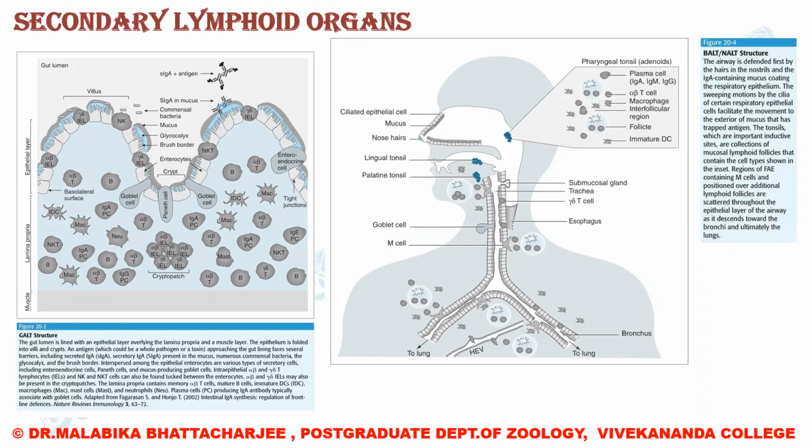For activation of the B lymphocytes, if it's a weak signal, the cytokines involved are IL-4, IL-5 and IL-10. If it is a strong signal, the cytokine involved is IL-12, and that activates the cytotoxic killer cells. So this is roughly about the NALT or the BALT.